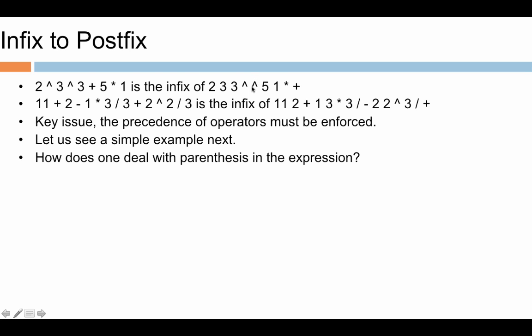And then we consider 2 power 3 power 3. And then we get to compute the product of 1 and 5, and then we get to add the whole result. Similarly, you can see that this is the infix of this particular expression.